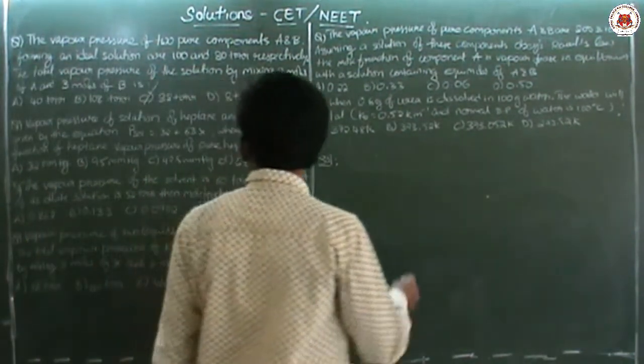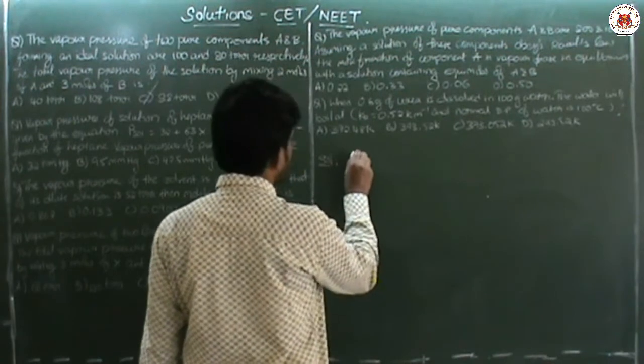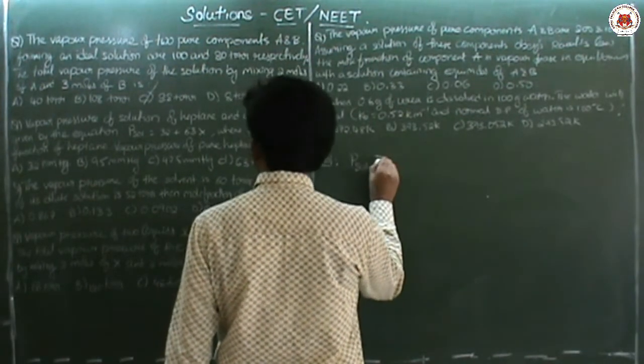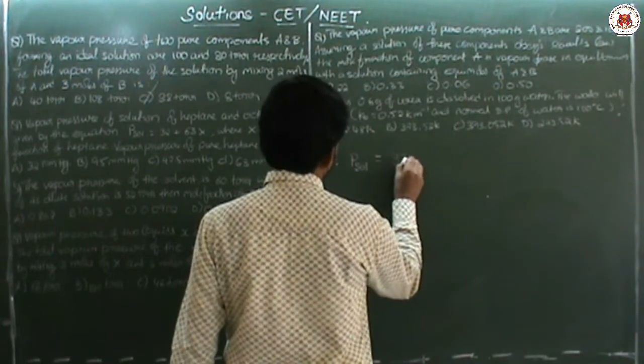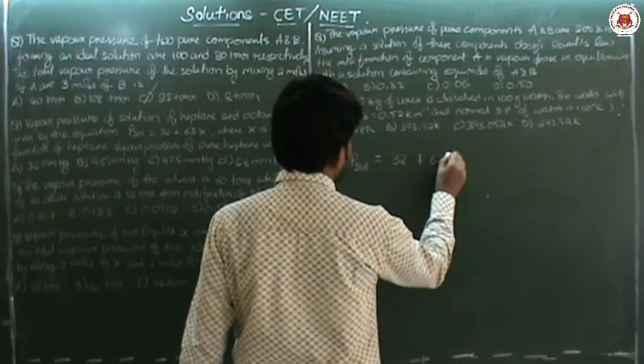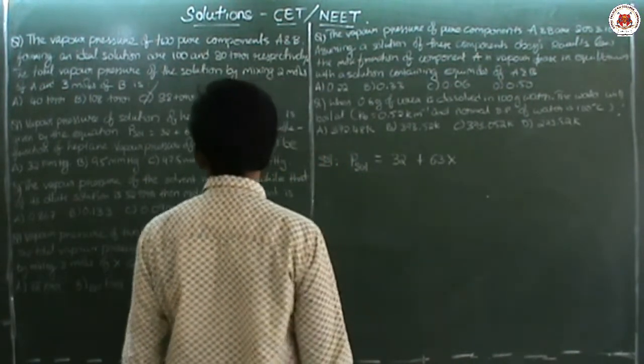Okay. So here the information is given in the form of P solution is equal to 32 plus 63x. This is the information given to us.